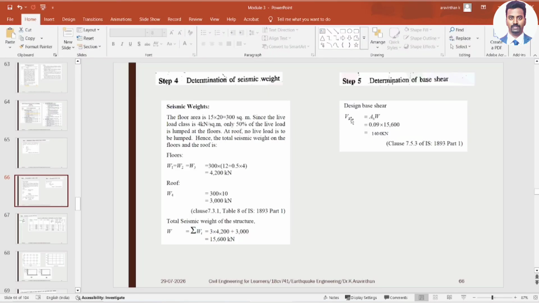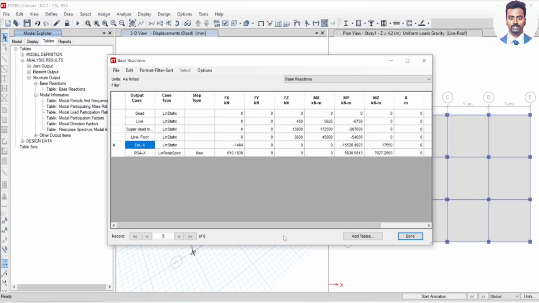Base shear VB is 1404 kilonewton. This is the value for the equivalent static method, and this value we got here. Fx is the horizontal force which has been acting, and you can see the rest of the values.